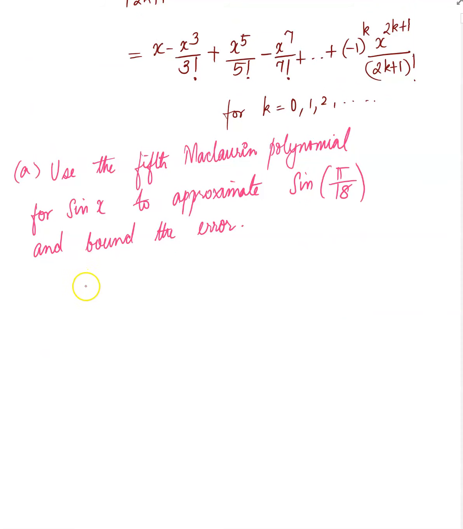So P5 of x would be x minus x cubed over 3 factorial plus x to the power 5 over 5 factorial.